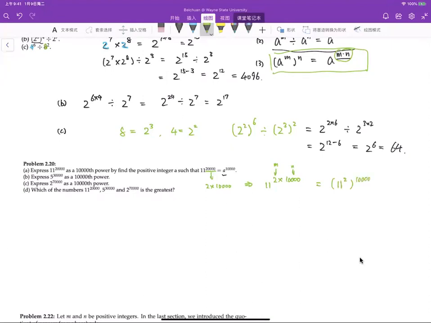So this is how you apply the property number 3. Then in this case, we do not multiply the 11 by 2. Instead, we will square the base 11. So basically, you get the number 121. So that's the answer. Right, so any questions so far?